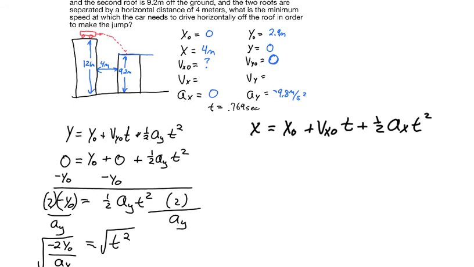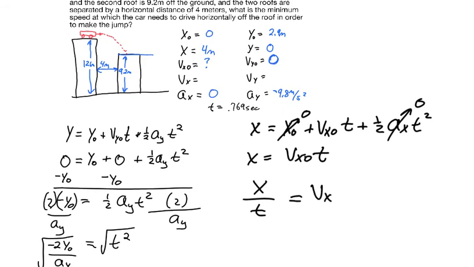Starting position we said was 0. Acceleration is 0 as well, so just position is equal to the starting x velocity times time. And if I rearranged here, I'd get x divided by t is equal to vx naught.